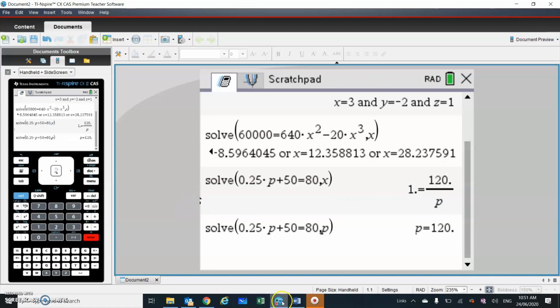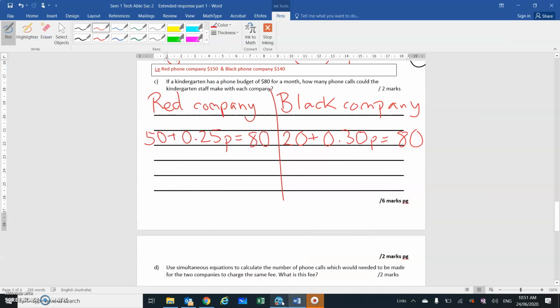P equals 120 phone calls. You can do the same for the other one. Put this equation into solve in the same way, and you get P equals 200 calls.